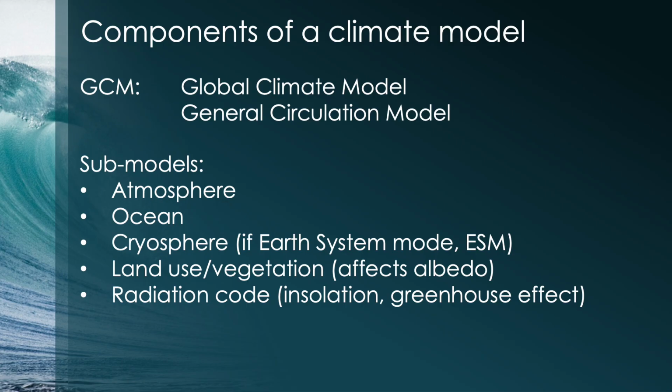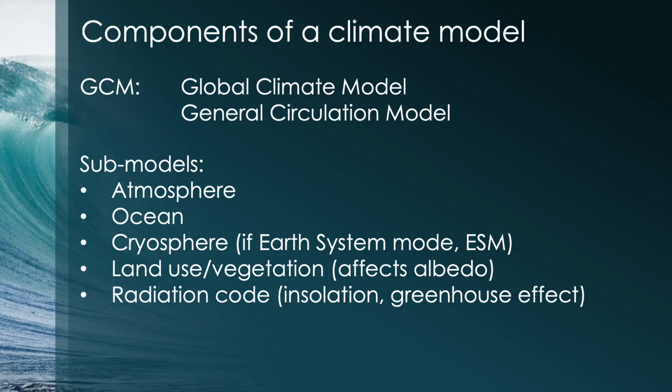So maybe this is what kind of trees, or is it desert versus plains or whatever. And then there's radiation, and radiation tracks how the solar radiation and also the terrestrial radiation is affected by clouds and reflections and all that kind of thing. All five of these are separate, and then they're coupled together.